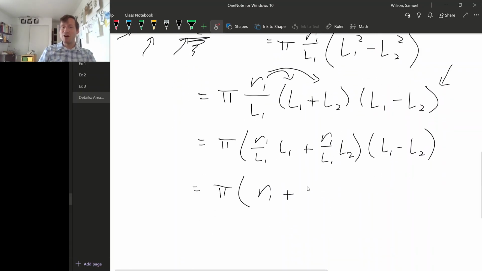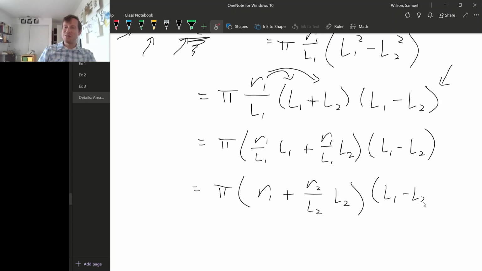So we can replace R1 over L1 with R2 over L2 times L2 times L1 minus L2. And now we can cancel the L2's. And we get pi times R1 plus R2 times L1 minus L2.